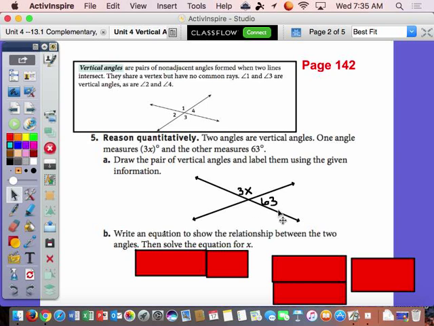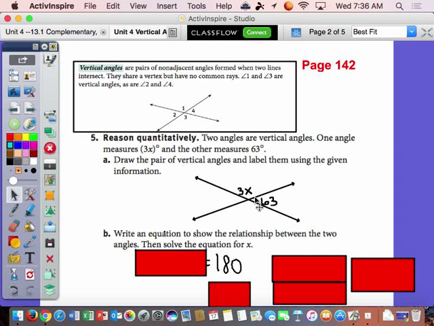It's a word that we learned the other day. Supplementary. And supplementary equals how many degrees? You should have said 180. So these two angles added together equal 180 degrees.